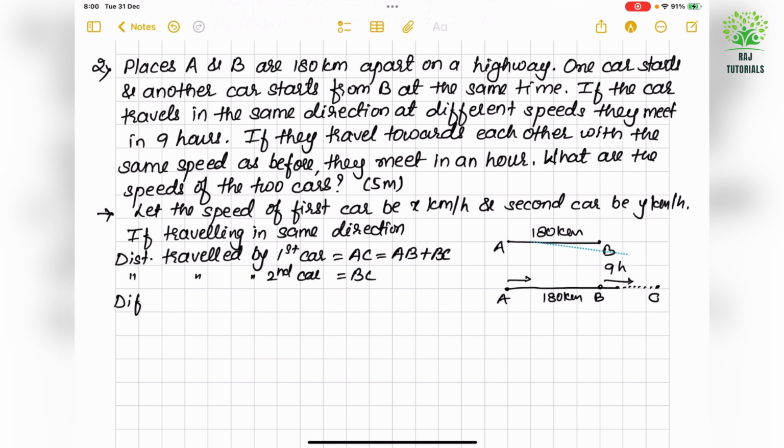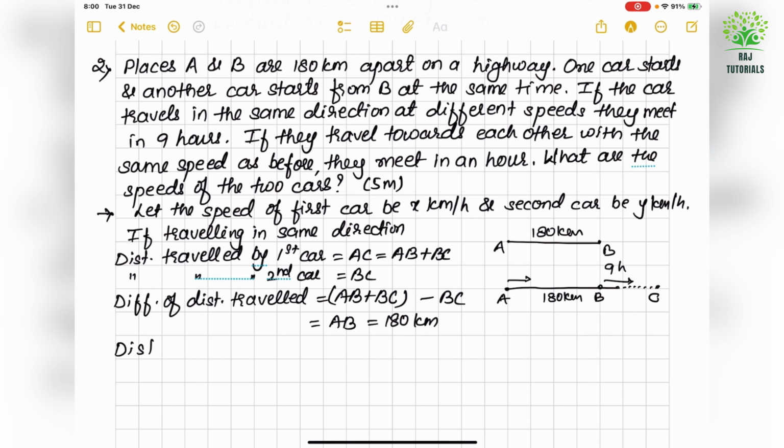So the difference of distance traveled will be AB plus BC minus BC. So that is AB, that is 180 kilometer.